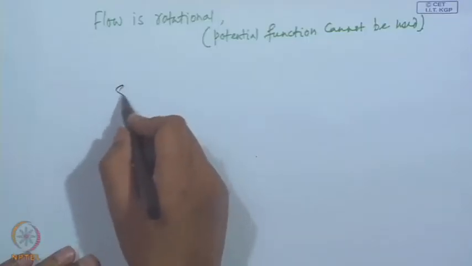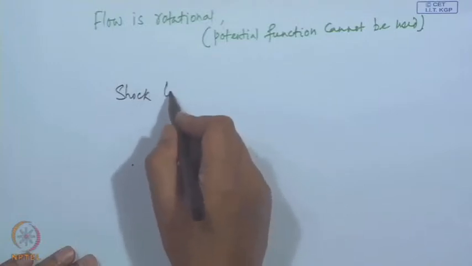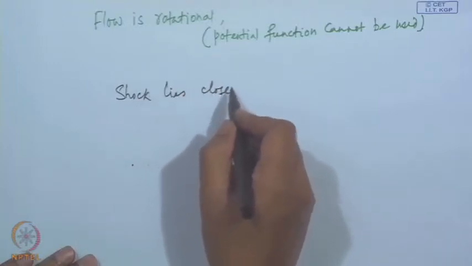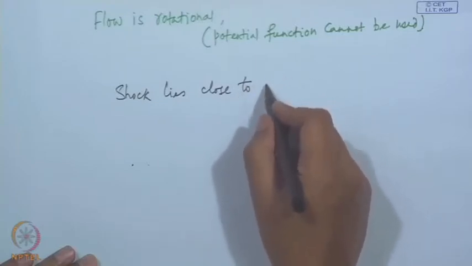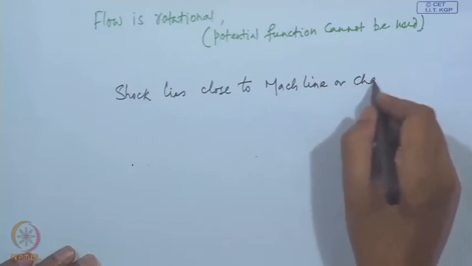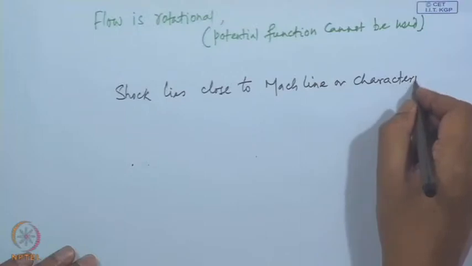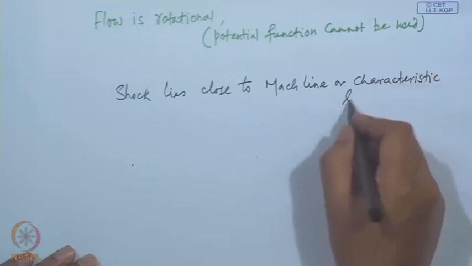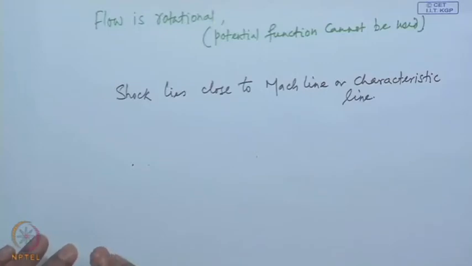This is a general feature in all supersonic flow, that the shock lies close to the Mach line or characteristic line. This is a general characteristic of supersonic flow.